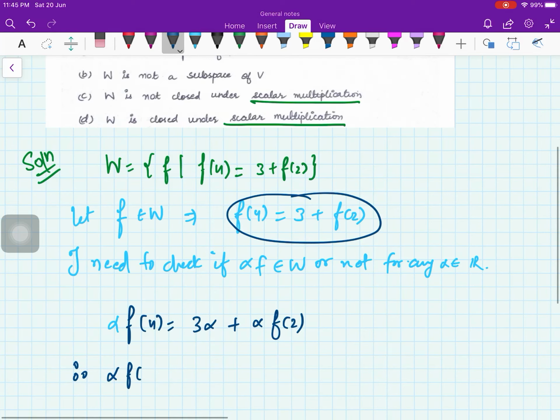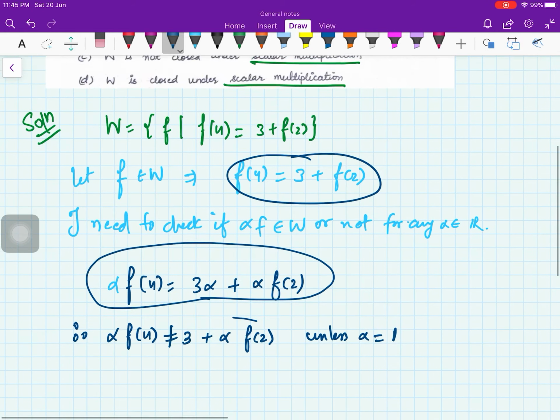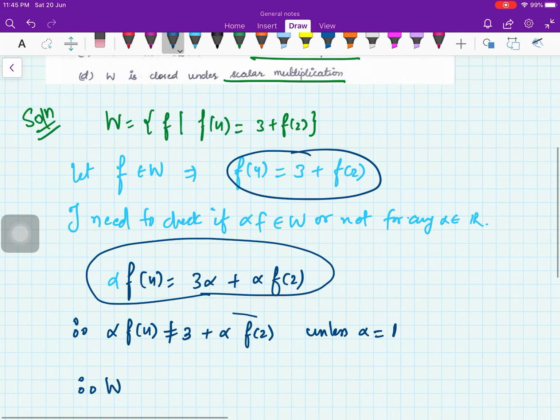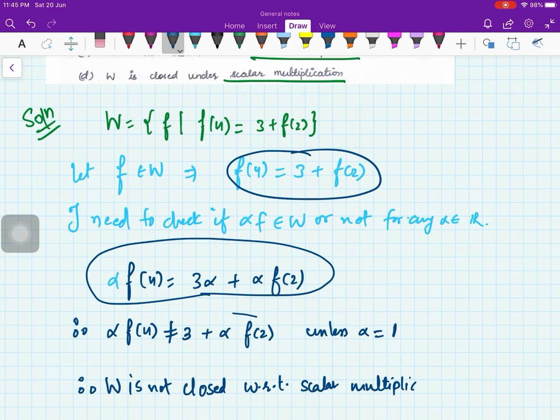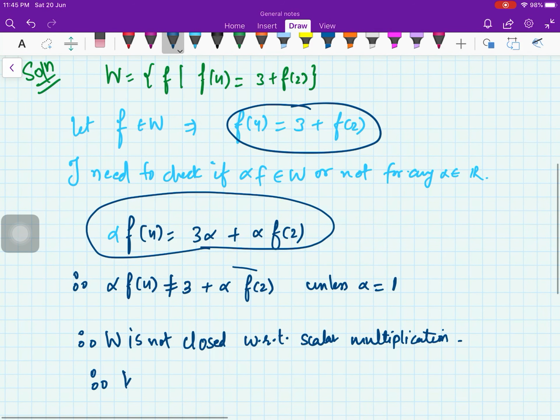Therefore alpha f(4) is not equal to 3 + alpha f(2) unless alpha is 1. So this relation is not true for all alpha. Therefore W is not closed with respect to scalar multiplication.